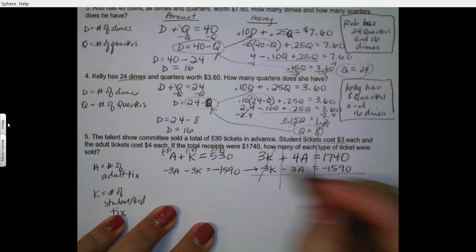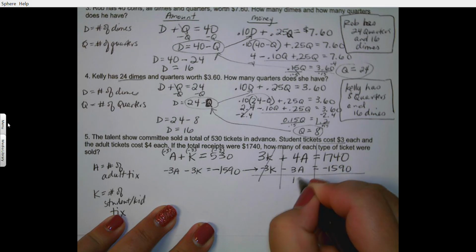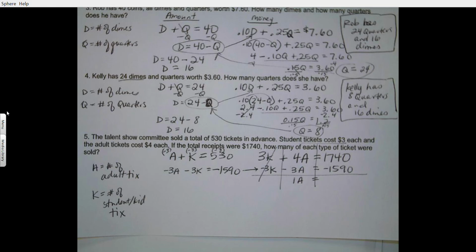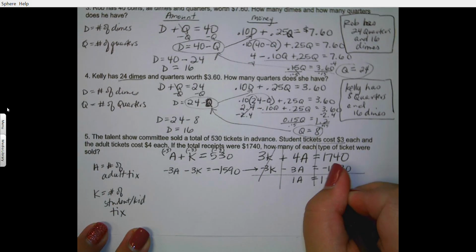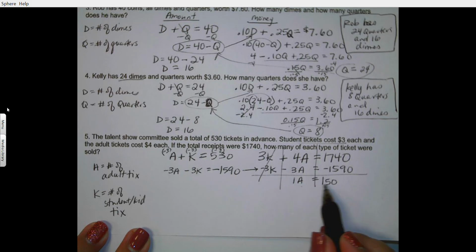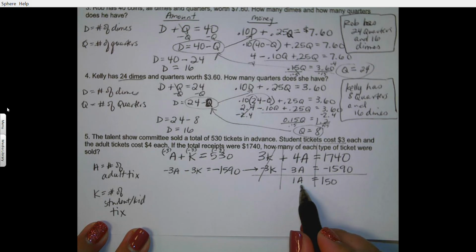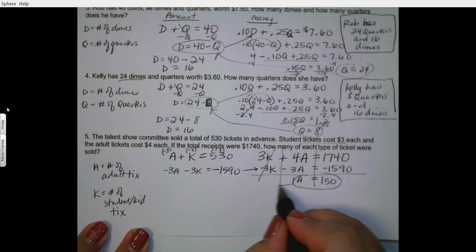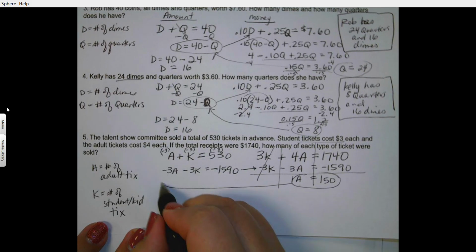So these go away, and now I have 1A is equal to 1740 minus 1590, which is 150. So that means I sold 150 adult tickets. Now I take A is equal to 150 and plug it right in here.